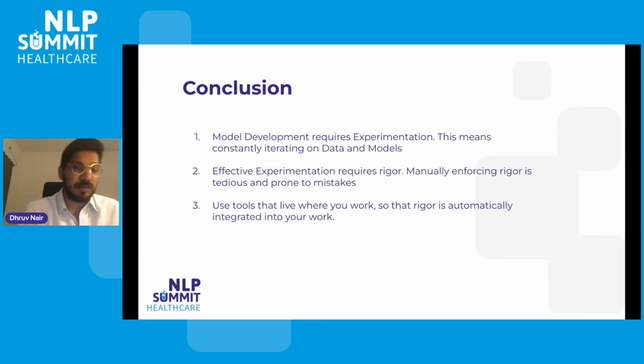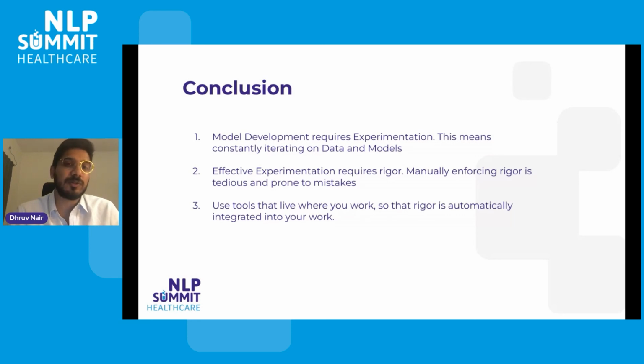And with that, that concludes my talk. Just to summarize, model development requires experimentation, and this means that we have to constantly iterate on our data and models. Effective experimentation requires rigor, and manually enforcing this rigor is tedious and tends to be prone to mistakes.